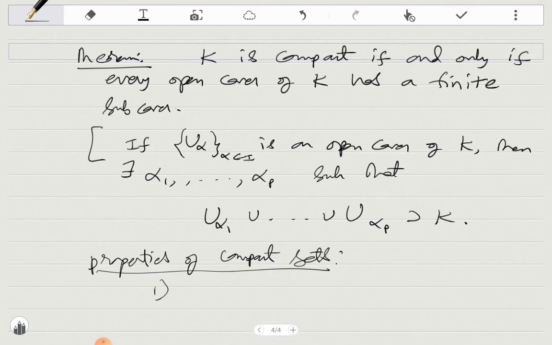The first one is that if K is compact, K is closed and bounded.